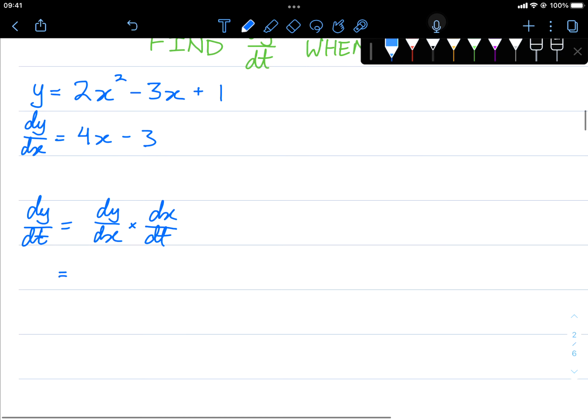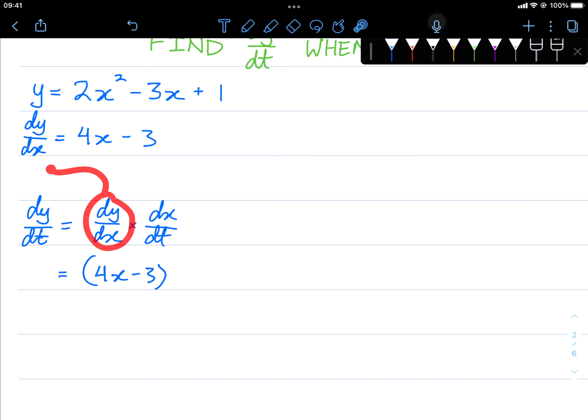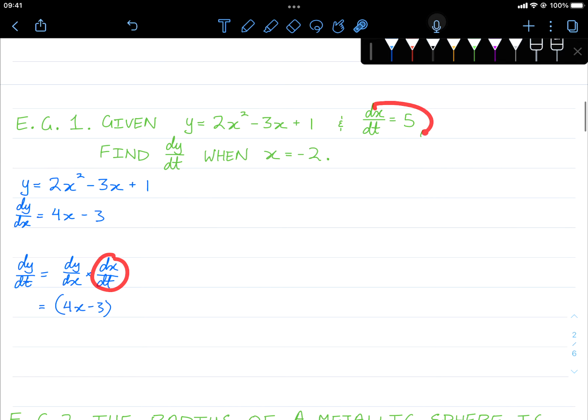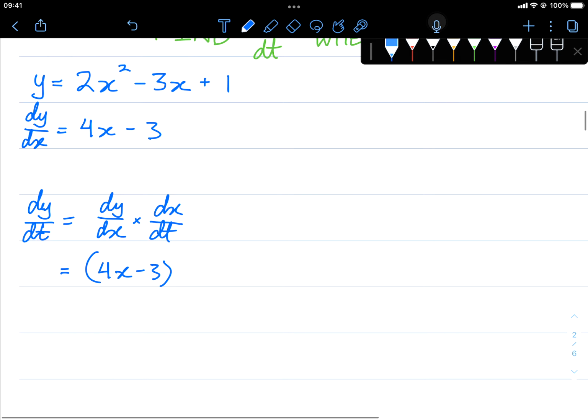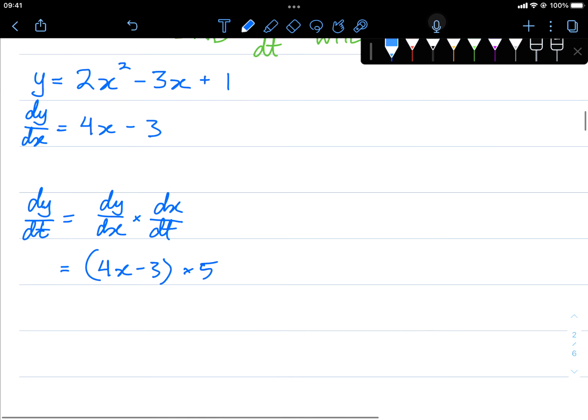From here, dy/dx is 4x minus 3, so dy/dx is this expression, and dx/dt is equal to 5. So this times 5.